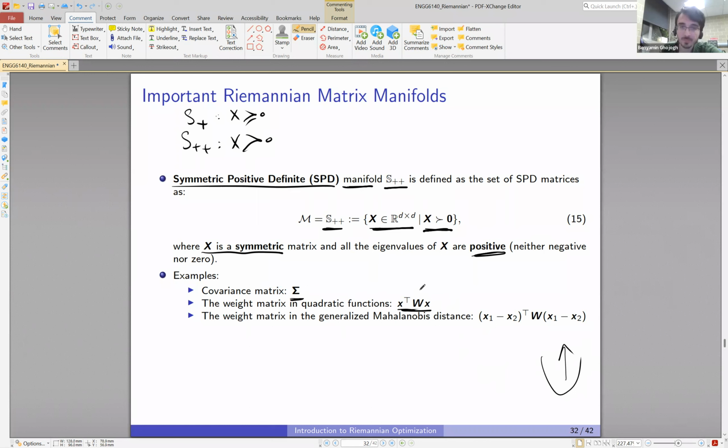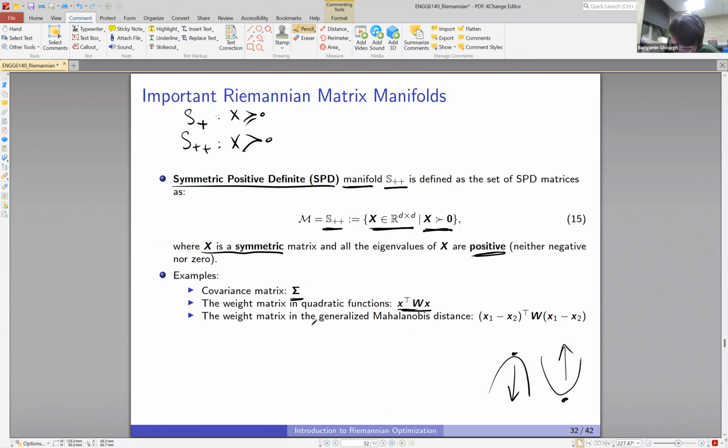If W is negative definite, it's facing down, it's concave. So for this to be minimized, we need W to be positive definite. If we want to maximize this, W needs to be negative definite.